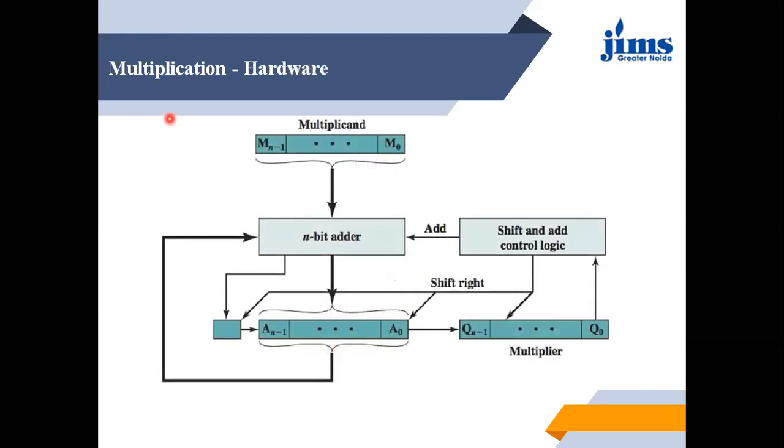Now we will discuss how the hardware can be implemented for multiplication in the arithmetic logic unit. We have two numbers, the multiplier and the multiplicand. As I told you, we have to perform two operations: first add, and second shift.